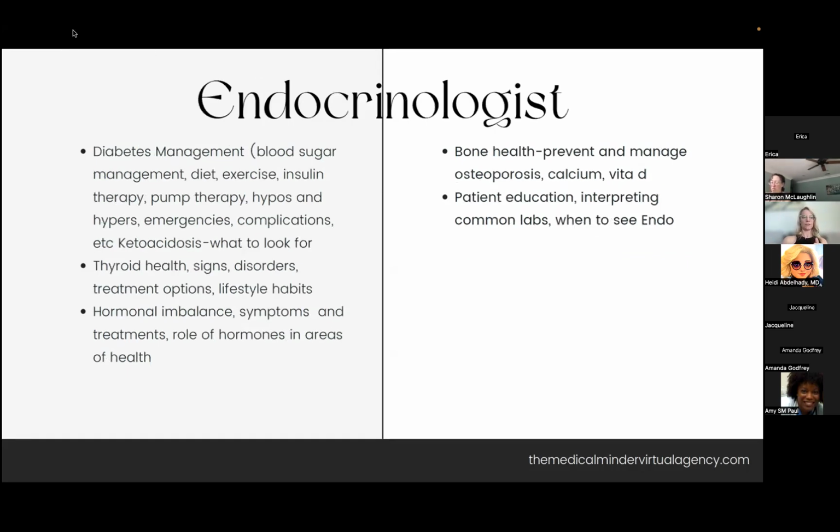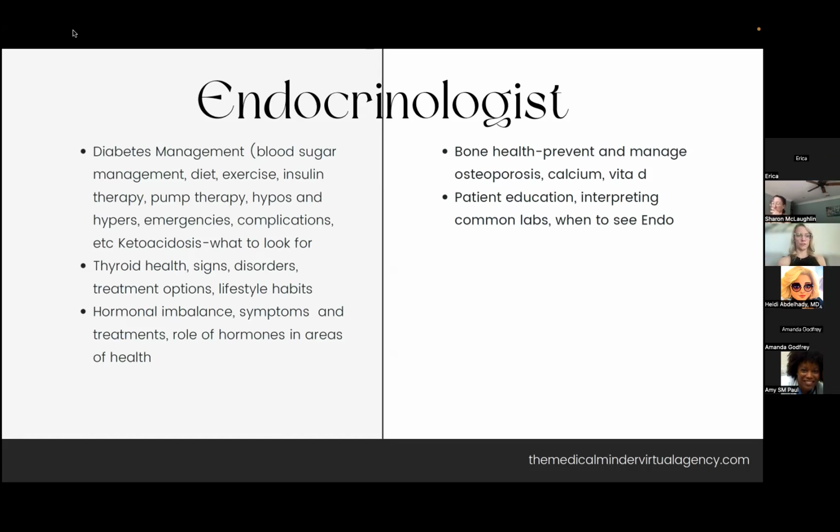Oh yeah, endocrinologists, huge. There's a lot of thyroid going on in social media, a lot of diabetes. People need to learn this. Diabetes management: what's the difference between type 1, type 2, and gestational? Different types of pump therapies, emergencies like ketoacidosis, what to look for. People have no idea.